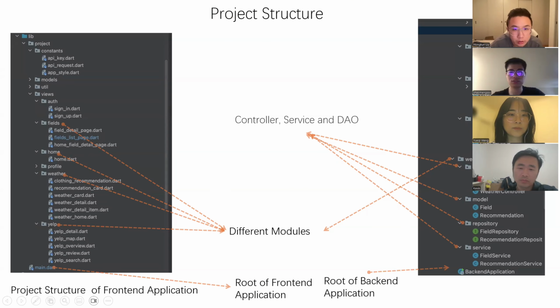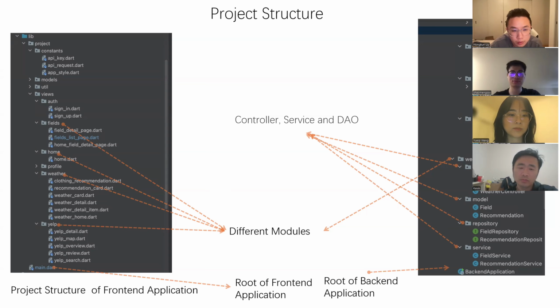Sure. Here is the project structure for the front-end application and back-end application, respectively. The left side is a snapshot of the front-end application. As we can see here, we separate our front-end application into different modules, like fields, home, weather, and Yelp.